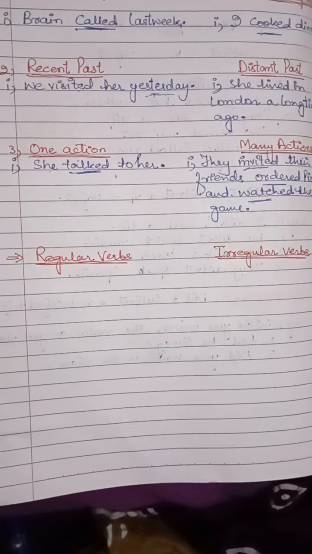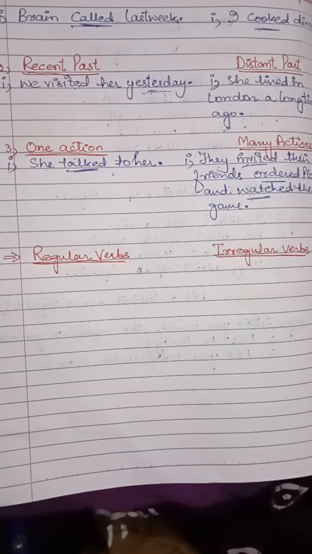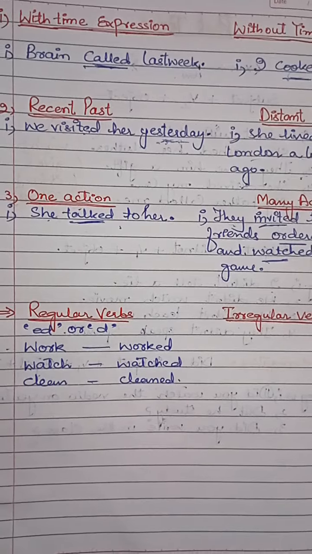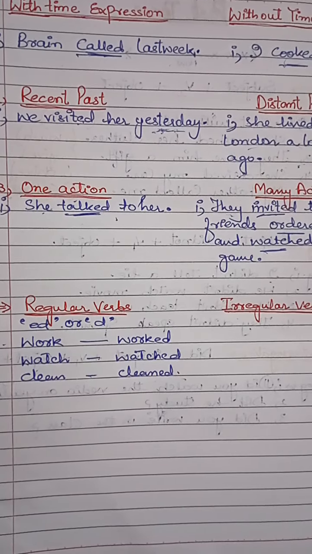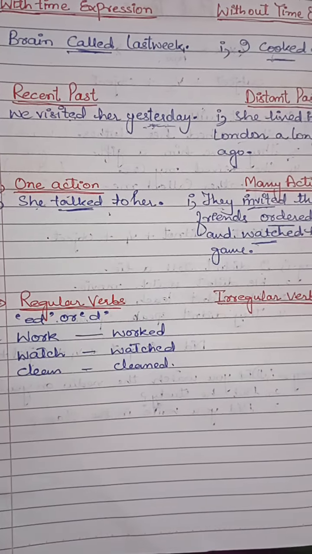Well, regular verbs are the ones that in the past tense just have ed or d. They end like that. Example, work becomes worked. So in all these words we see that there is an ed.